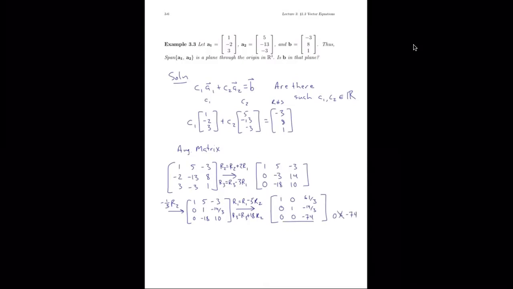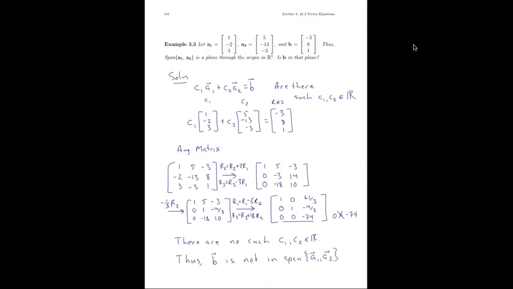In this case, there are no such C1 and C2 in the set of real numbers. So there's no linear combination that makes this true. Thus, B is not in the span of A1 and A2. By the way, anytime we have two vectors that we're spanning with, it forms a plane. If we're spanning with one vector, it forms a real number line.